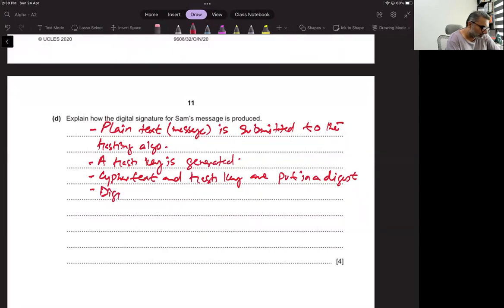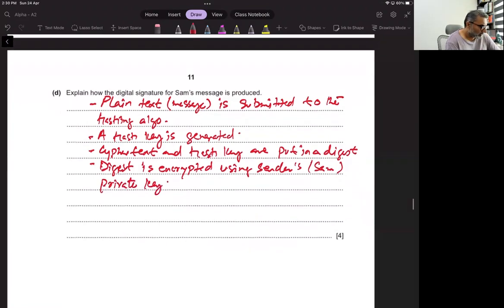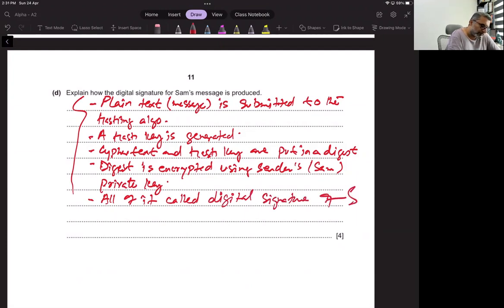The digest is encrypted using the sender's, what is the name of the sender? Sam. Sam's private key. All of it is called the digital signature of Sam.